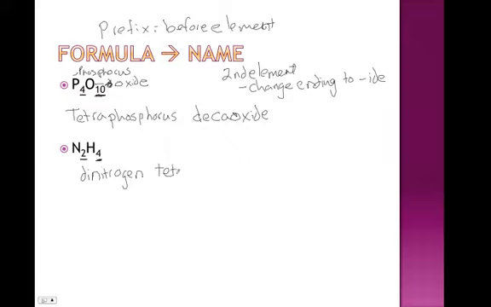And our second element, H, is hydrogen. But remember, the second element, we need to change the ending to IDE. So we're going to take off the ogen and change that to IDE. So that becomes tetrahydride. So N2H4 is dinitrogen tetrahydride. I'm going to have you try this one in your groups.